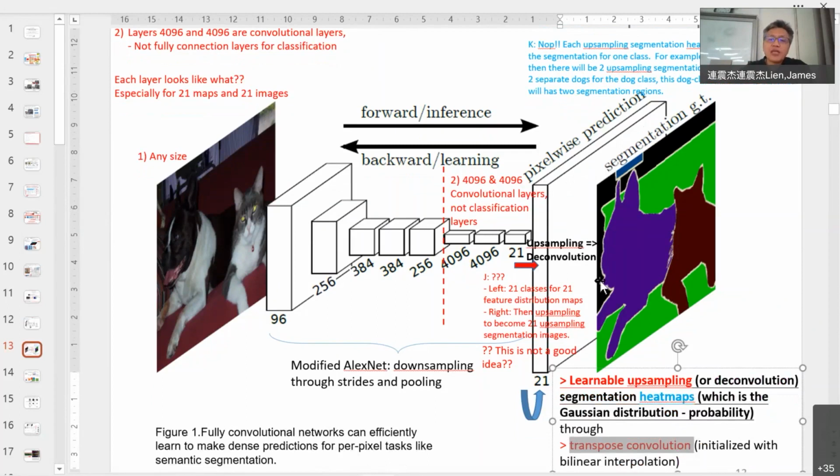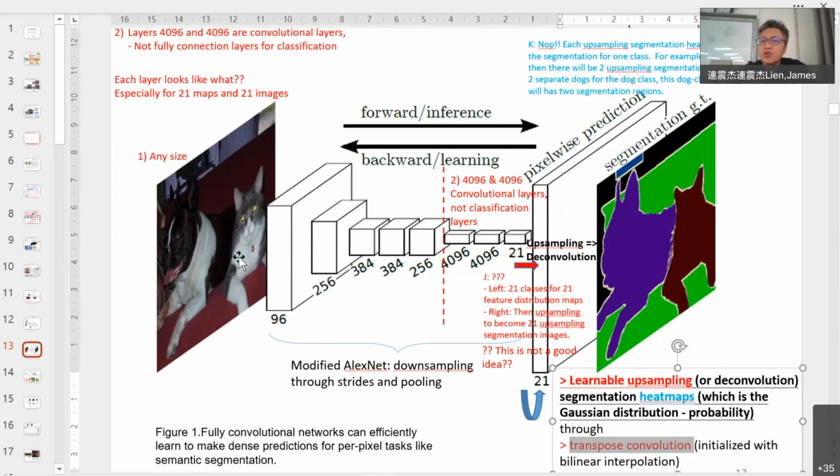And for the upsampling here, still, because you do compression, you do the encoder, you lose information when you do the upsampling. So how can we recover back to the original, I mean, get more information back at the original image size with the original information? That's still a problem.